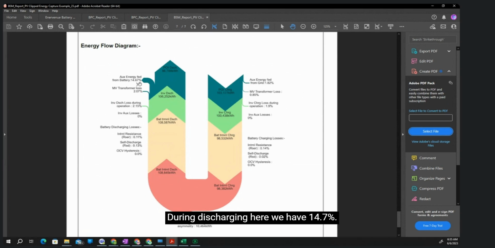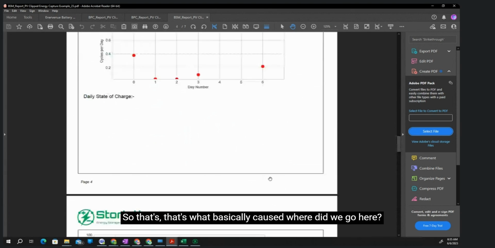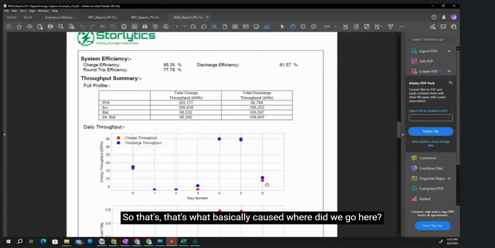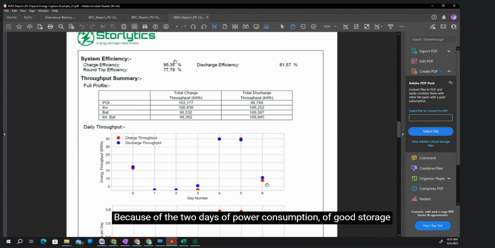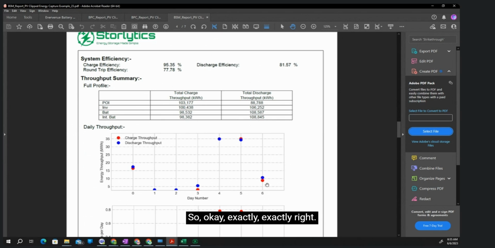Here we have 14.7%. So that's what basically caused the lower than usual round trip efficiency, because of the 2 days of power consumption of the storage system, as opposed to being able to increase the storage and surplus and then use it later on in that day. That just didn't happen. Exactly.